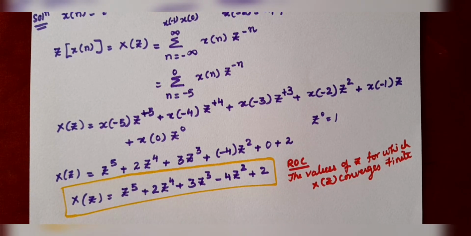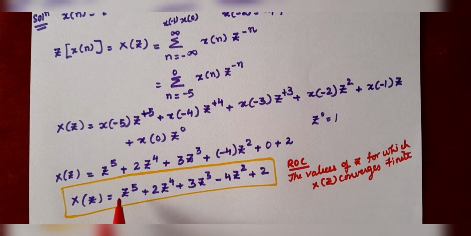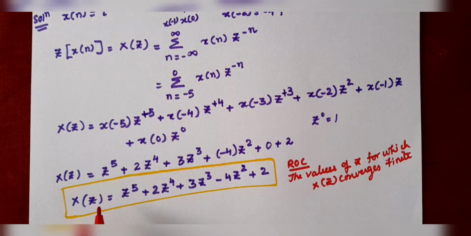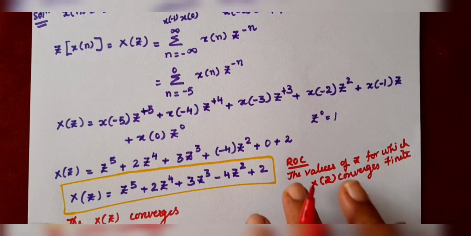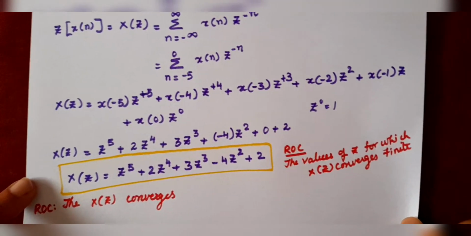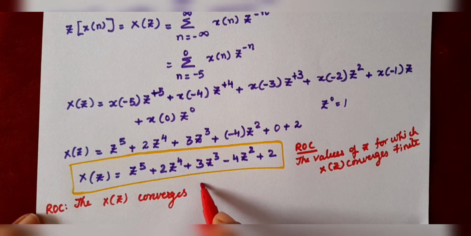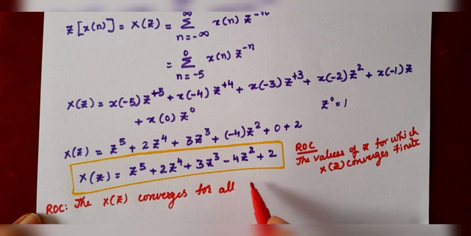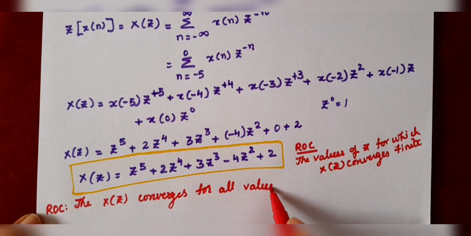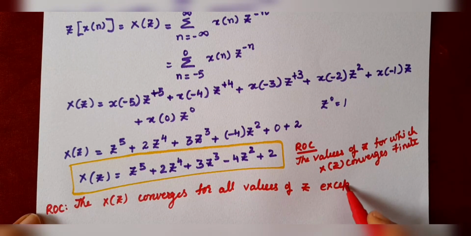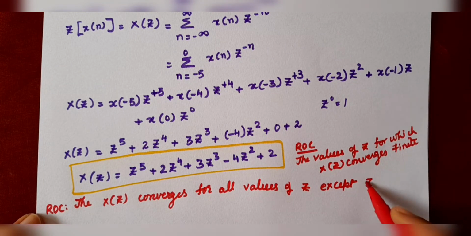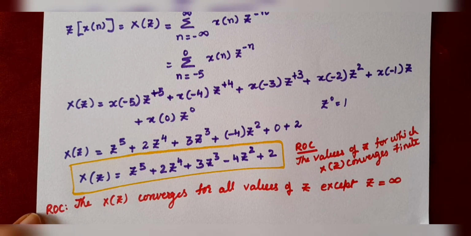So what is ROC here? ROC is X of z converges for all values of z except z is equal to infinity.